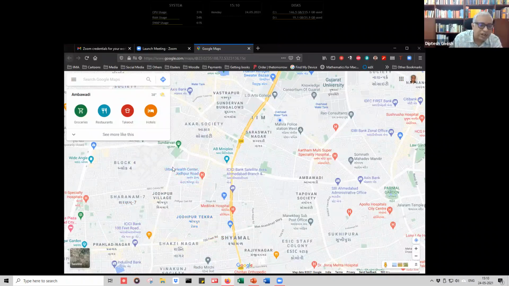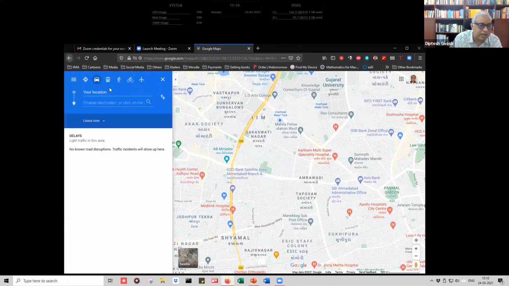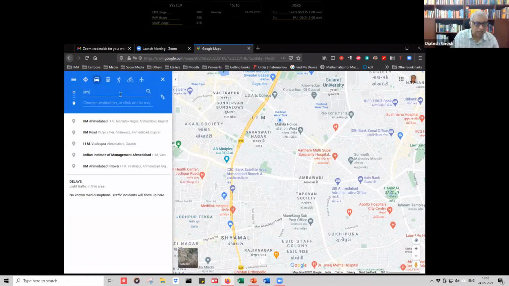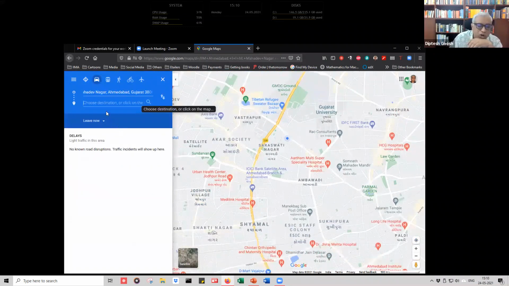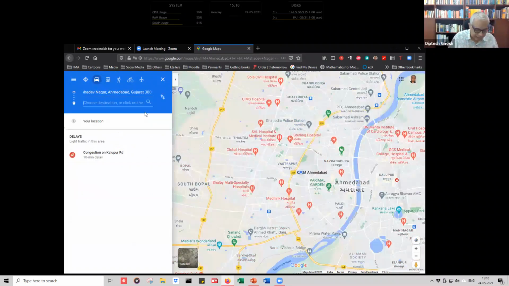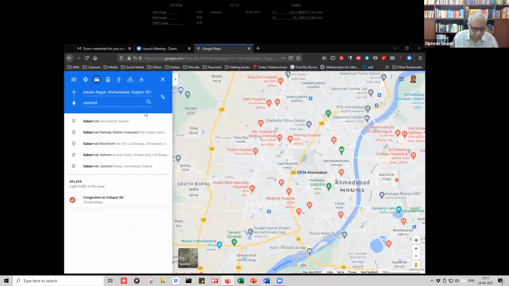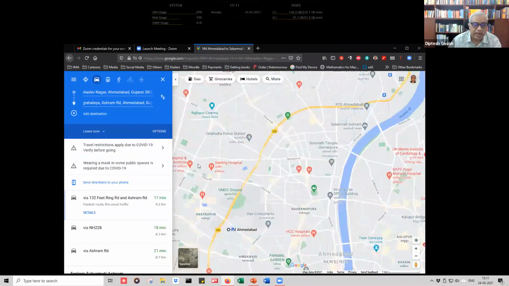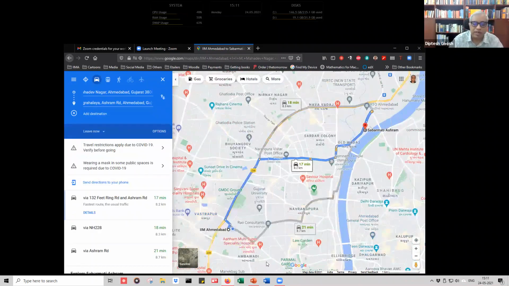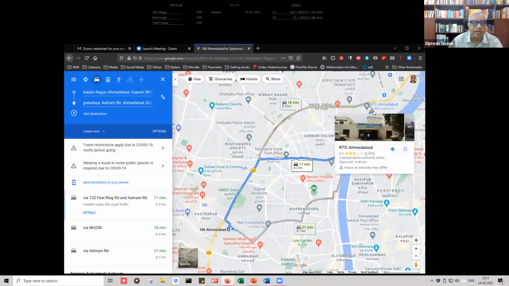So for instance, right now I am located at IIMA Ahmedabad, and let us suppose that I want to go to a nearby destination, let's say Sabarmati Ashram. So I ask Google for directions, and this is the amount of time that it takes to tell me how I can go from my current location, IIMA Ahmedabad, to Sabarmati Ashram right here, right?